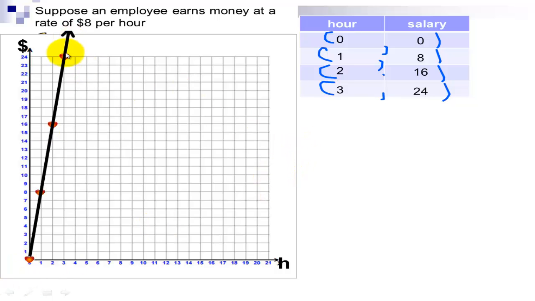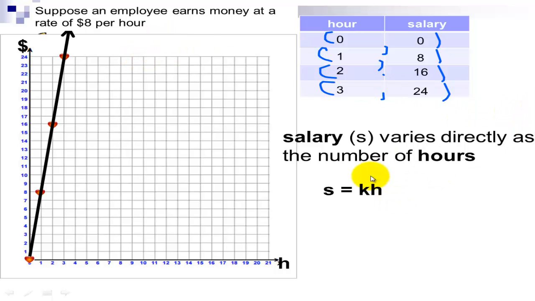Now note that this line, a straight line, crosses or starts at the origin. So this is also an example of a direct variation. Remember, the graph of direct variation should cross the origin or start at the origin. So that's why an employee that earns money at a rate of $8 per hour is an example of a direct variation.